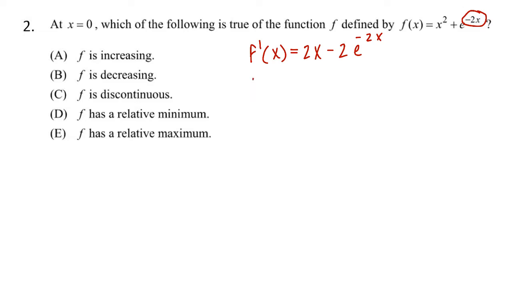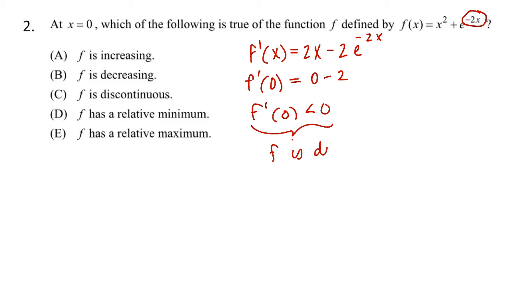Let's look at f prime at 0. That's going to be 0 minus 2. So f prime at 0 is less than 0. That tells me if my derivative is negative, then f is decreasing. So that's going to be answer choice B.